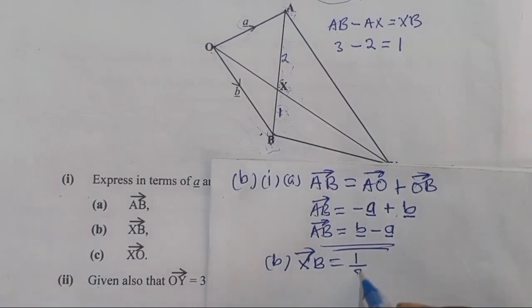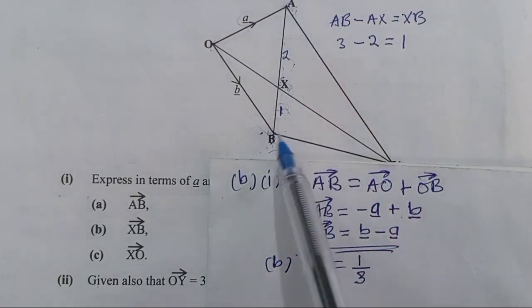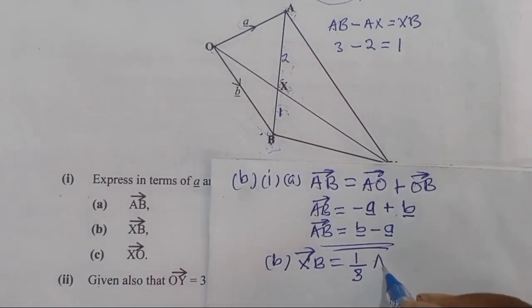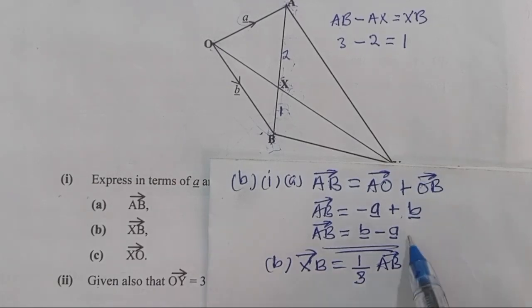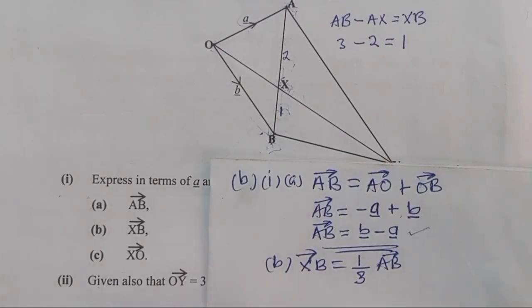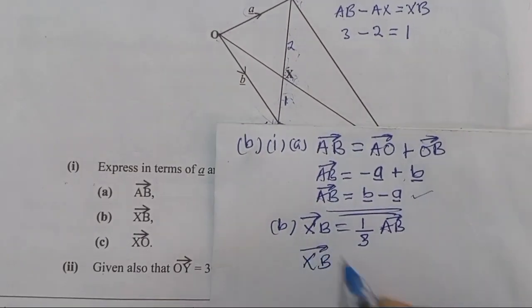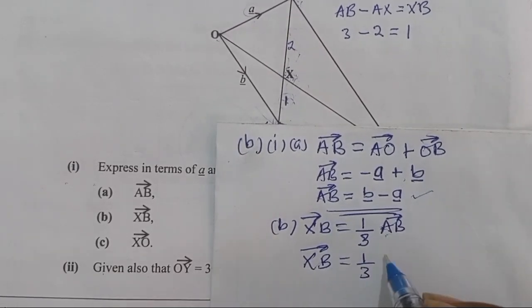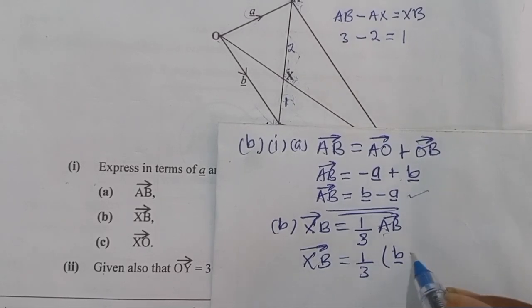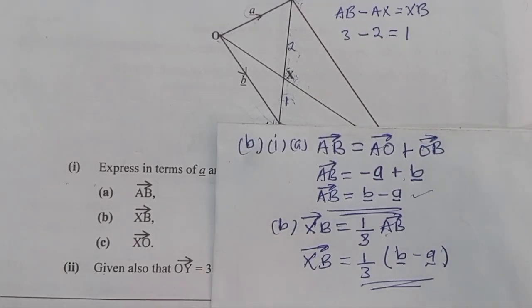So over 3 times vector AB. So I'll just substitute. So vector XB is equal to 1 over 3 vector AB, it is scalar B minus scalar A. So this is our answer.